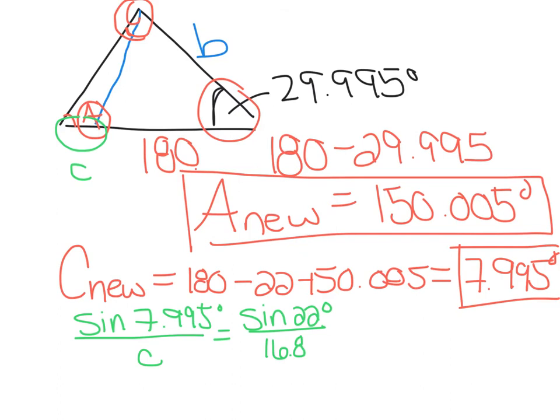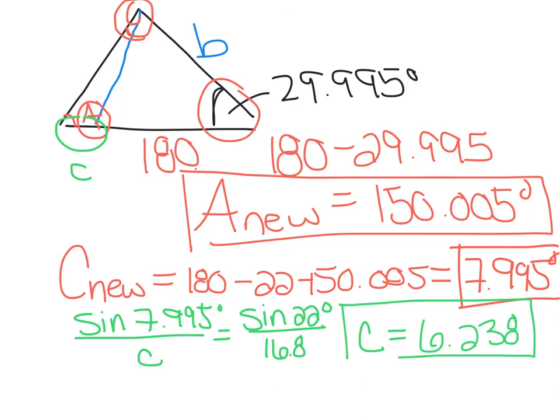We're going to cross multiply and solve for little c, and then we're all done. When you type all that in the calculator, you should get that side c is now 6.238, which makes sense because it should have been smaller. The first time c was the long piece, and now it's just this little piece. And that's how you do the ambiguous case.